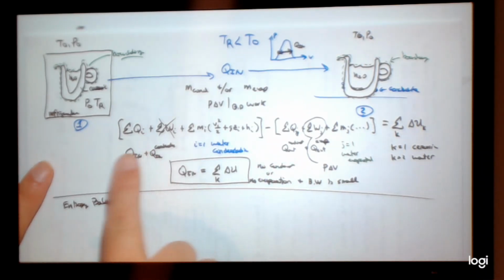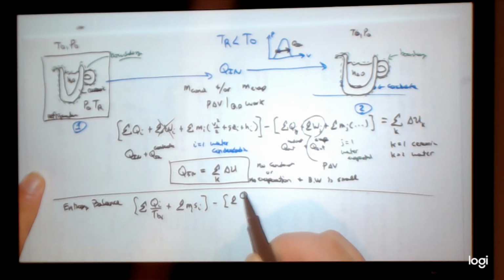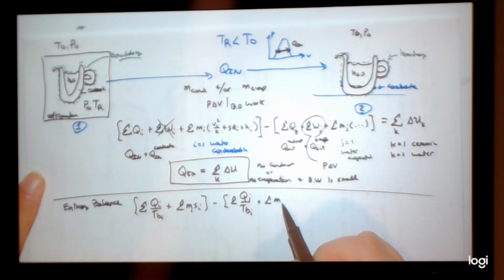So of course, I'll write out the full entropy balance with everything we have here, and then I'll do a square one where we just neglect everything.